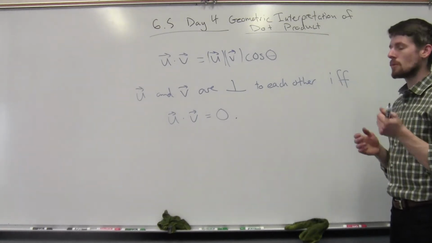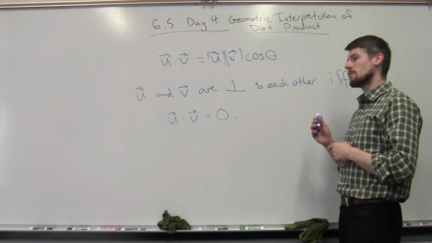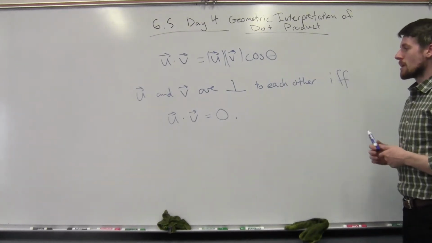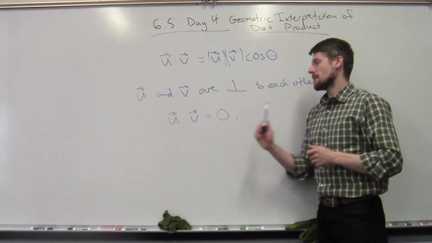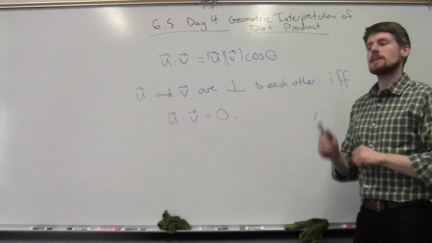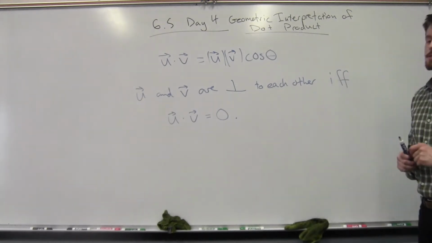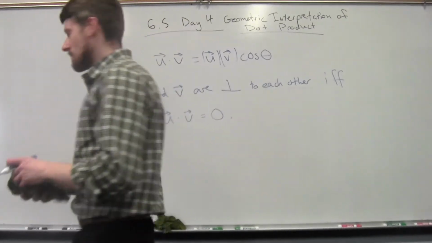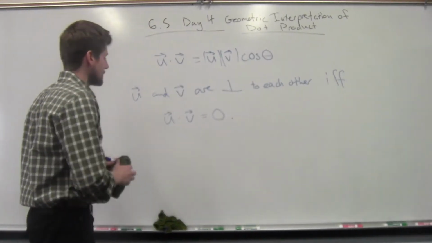You just multiply the first two components, multiply the second two components, and add them together. So if we get a dot product that's 0, boom, we know right away that the vectors are perpendicular to each other. So that's a really nice corollary.